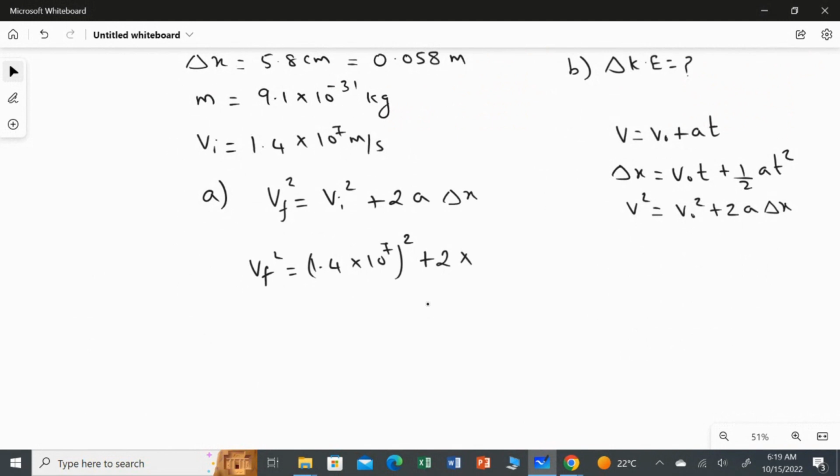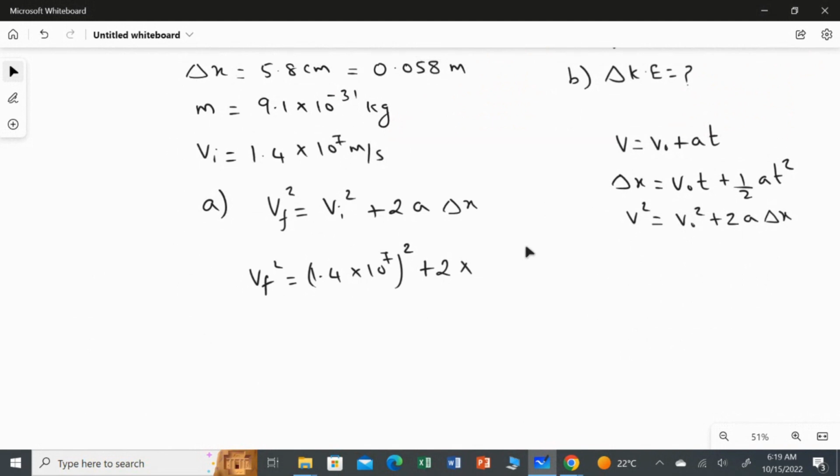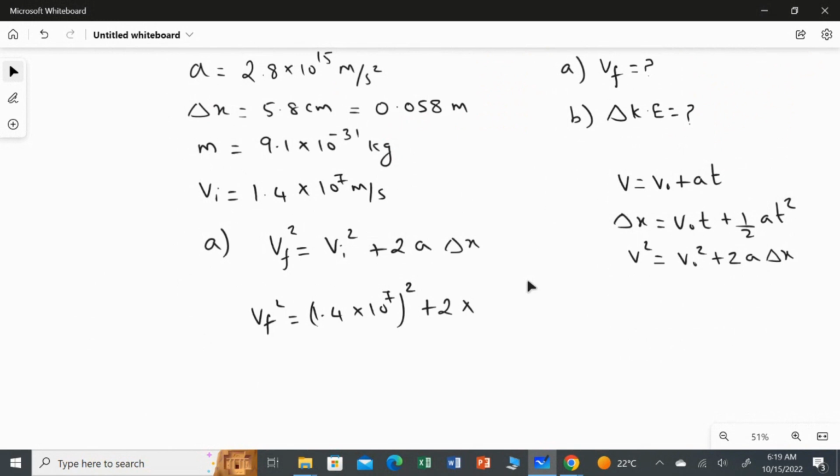What is our acceleration? Our acceleration here is given as 2.8 × 10^15, multiplied by the delta x value, 0.058. So I have to take the square root on both sides.